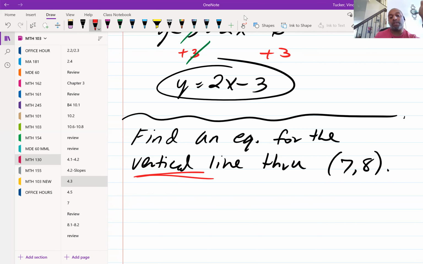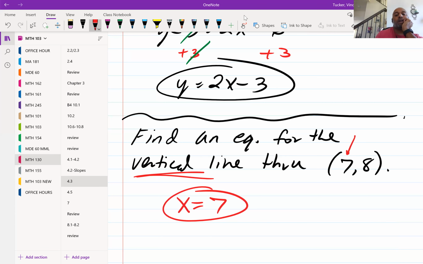Remember we talked about vertical lines and horizontal lines before. A vertical line is produced by x equals, and it's going to be x equal to whatever the number is for x. So no calculation, just observation of what you have and what you need. It's just going to be x equal to 7.